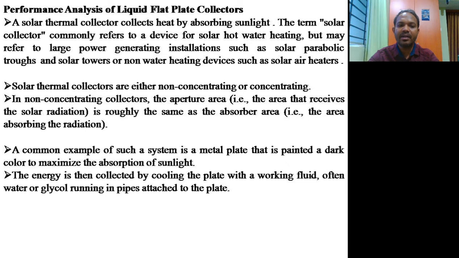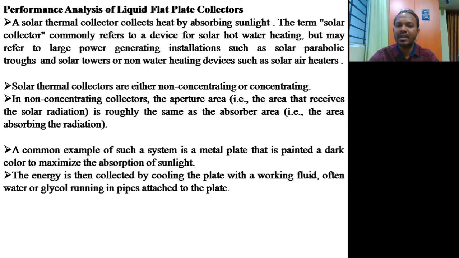The liquid heated in these flat plate collectors is, 99 out of 100 times, water. That will be the working fluid or medium in the flat plate collectors. However, sometimes a mixture of water and ethylene glycol is also used if ambient temperatures are below 0 degrees centigrade.